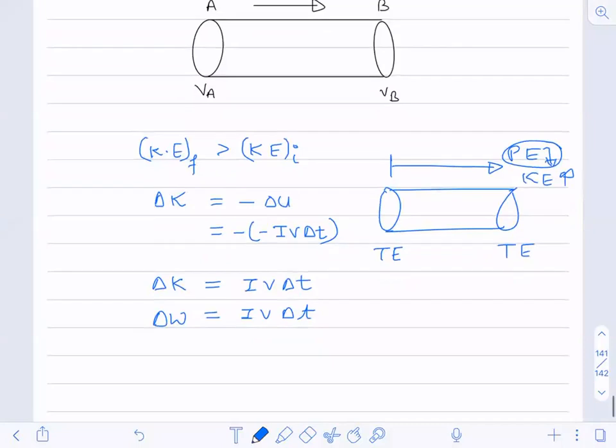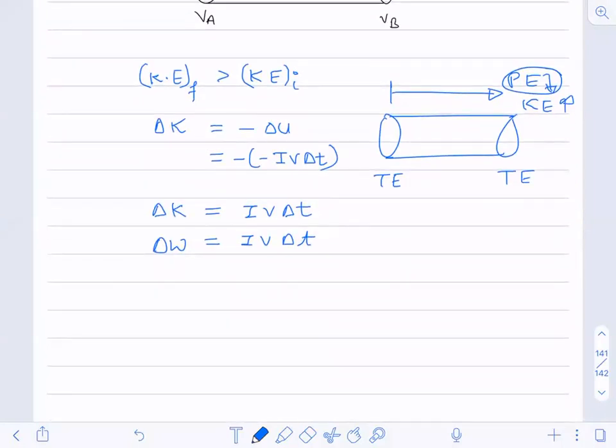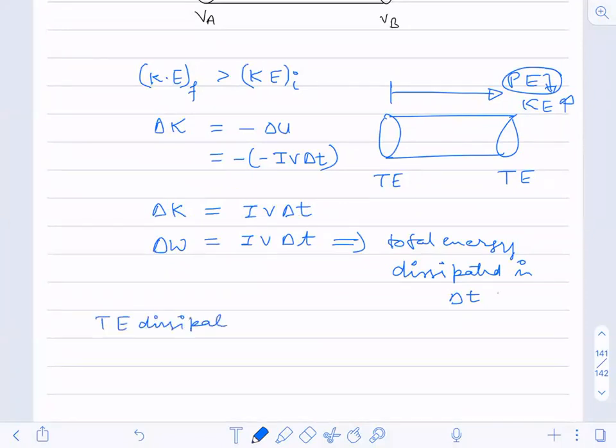Now, this is the total energy dissipated in delta T. If I find the total energy dissipated in unit time, I write delta W by delta T, which gives I into V. And what is W by T, or energy per unit time?